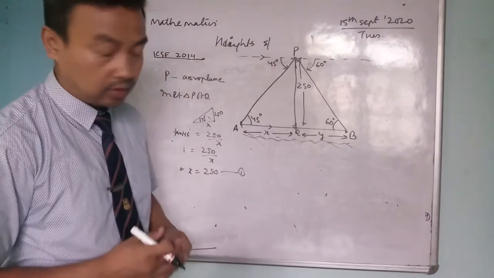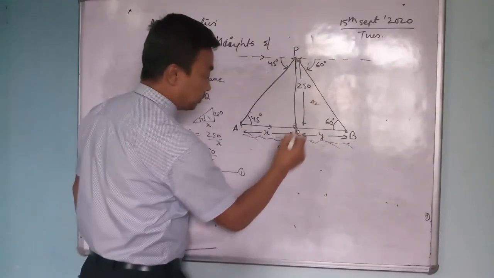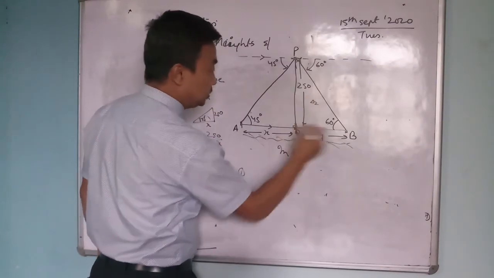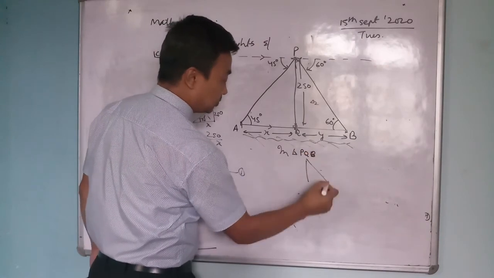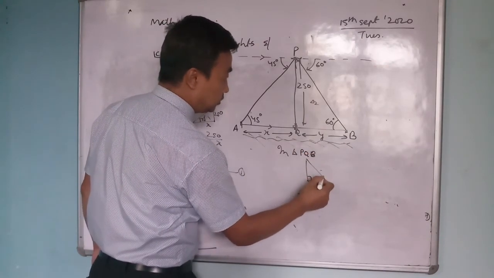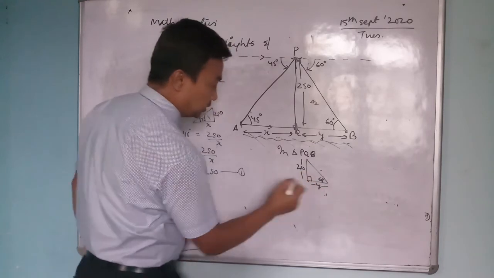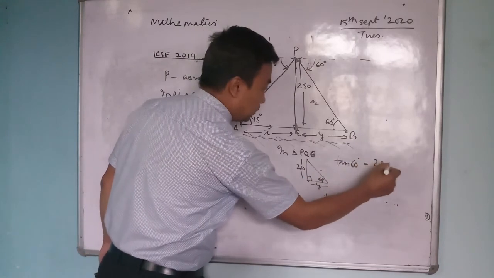Now you go to the second triangle and there you find another distance. In triangle PQB, this is 60 degree, this perpendicular is 250 and the base is y. So again take the same thing, tan 60 equals 250 by y.